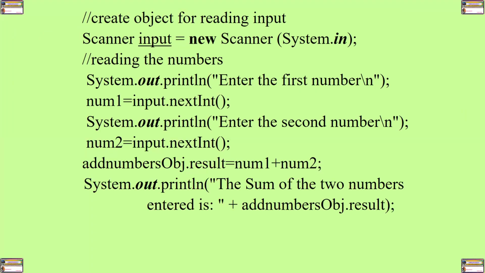From there, we can write out the result by displaying the statement, the sum of the two numbers entered is, and then we request the process to go and access the member called result, get the value from there, and display it on the screen. And our program simply ends at that point.